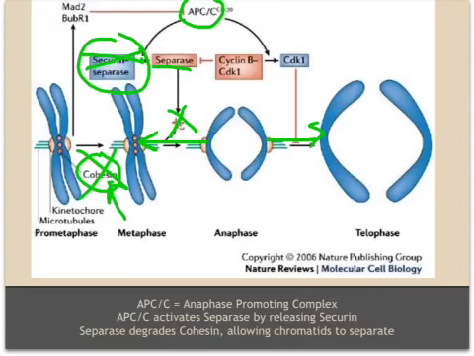And telophase happens, and so on. So APC is the anaphase promoting complex. The APC activates separase by releasing securin, and separase degrades cohesin, allowing the chromatids to separate from the pulling of the spindle fibers.